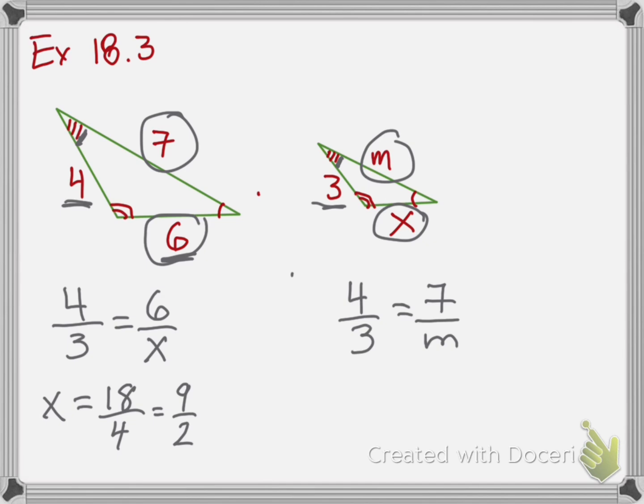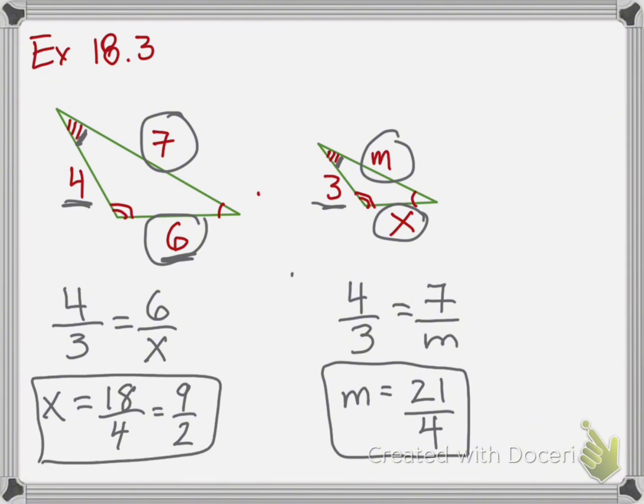If we put 4 first, then 7 has to also go first on the top. If we put 3 first, then m should go on the top. So we do the same, we cross multiply. 3 times 7 is 21 divided by 4, and in this case we can't simplify, so we leave it like that, and those will be our 2 answers.